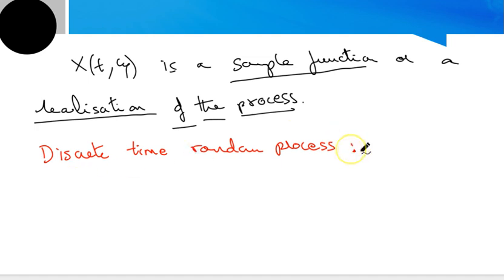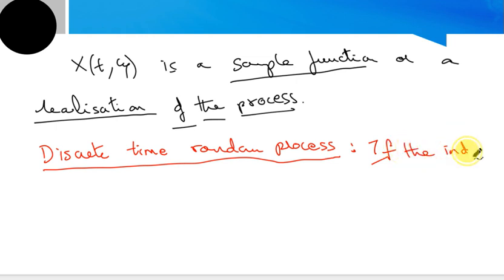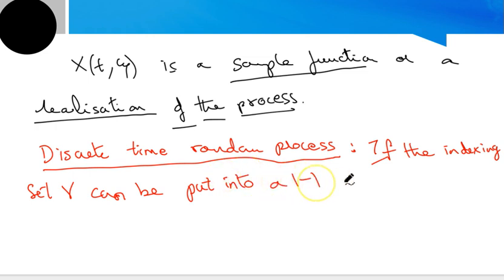If the indexing set, say gamma, can be put into a one-to-one correspondence, see, now you see why we want to express it as a map.